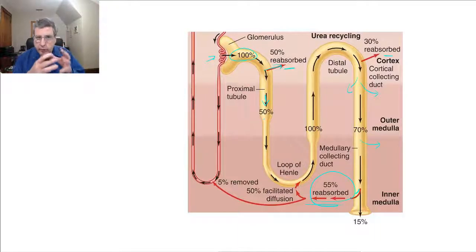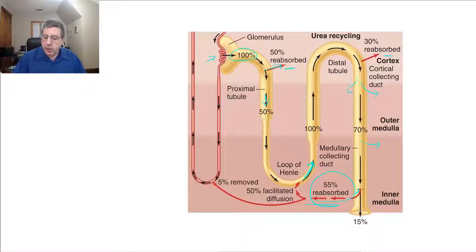So starting at the beginning, we filter out urea. 50% of what's been filtered out is reabsorbed within the proximal convoluted tubules. That continues on, and now we look at the filtrate within the tubular fluid in this region here.